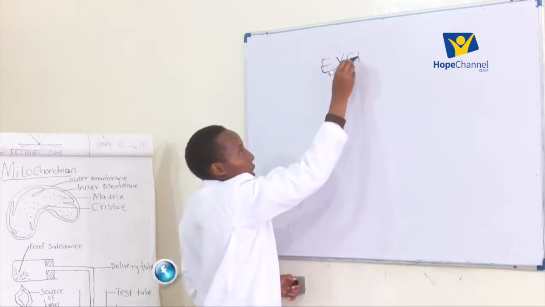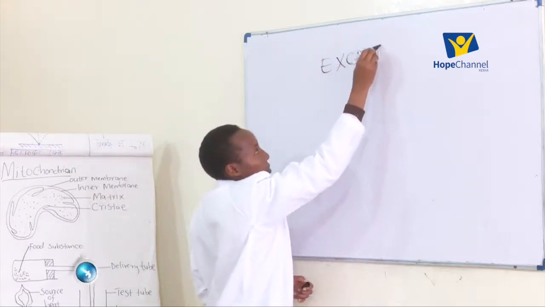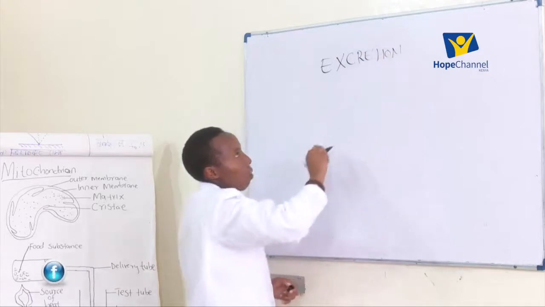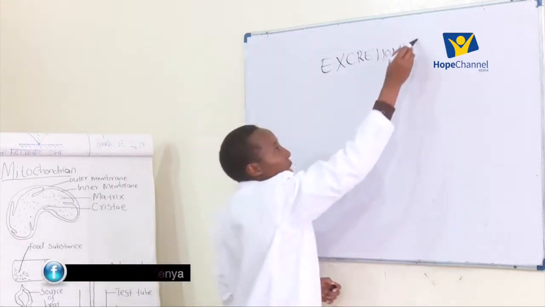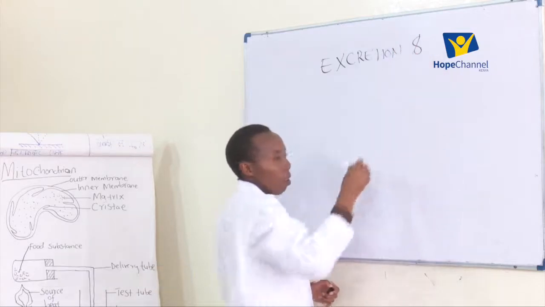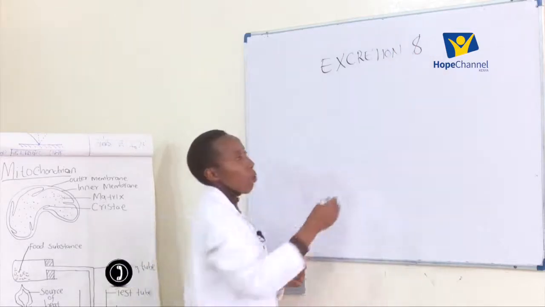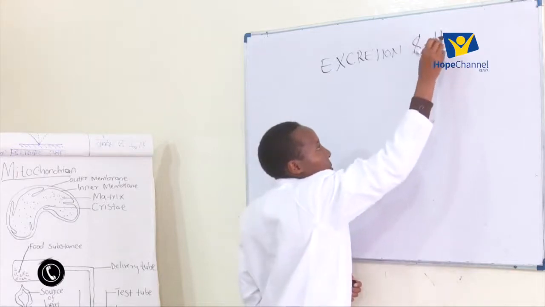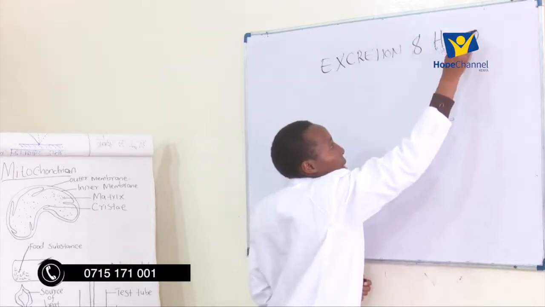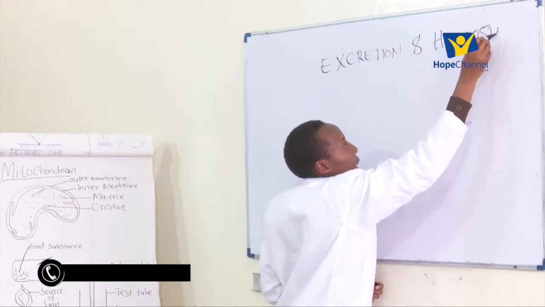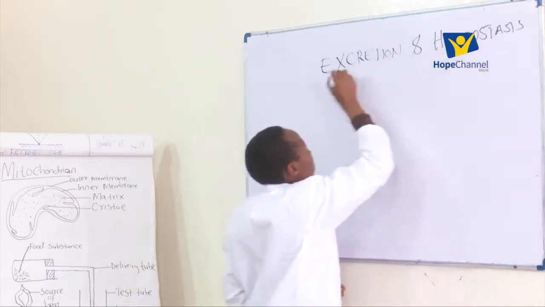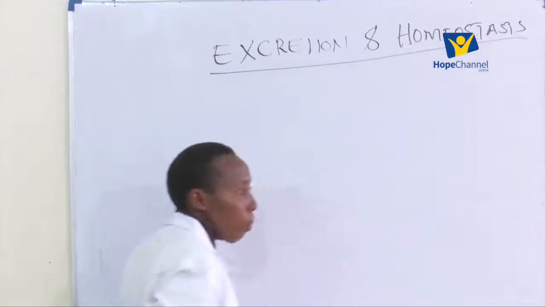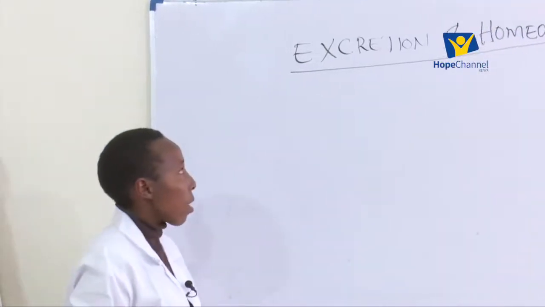So when we talk about excretion, we are going to define the word excretion. At the same time, we are going to combine it with another essential feature that we call homeostasis. So we are going to learn about excretion and homeostasis. That is the next topic we are going to learn in this series.